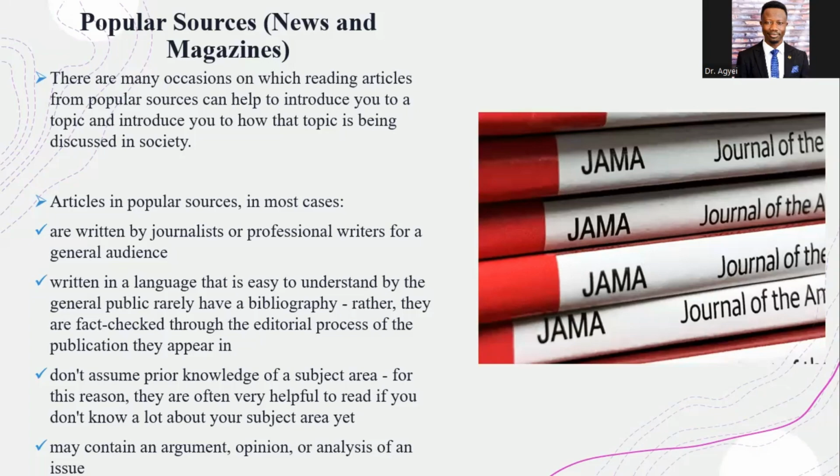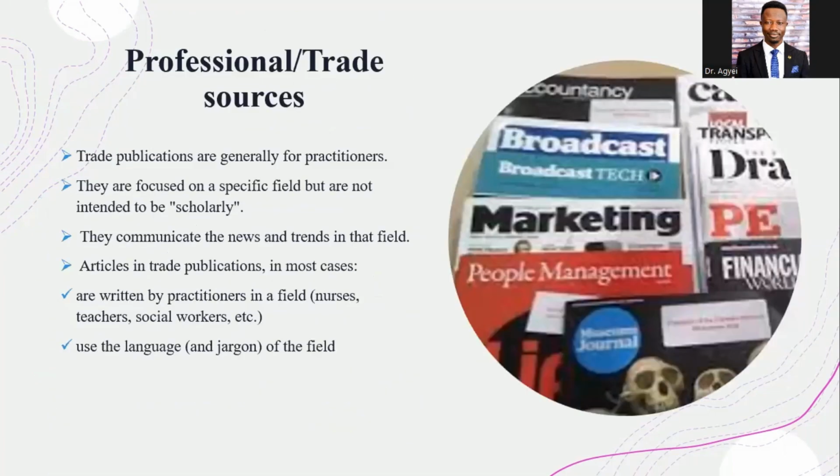And authors usually express their own argument, opinion, and analysis of issues over there. So news and magazines are a very important source that you can also use when you are doing your studies.